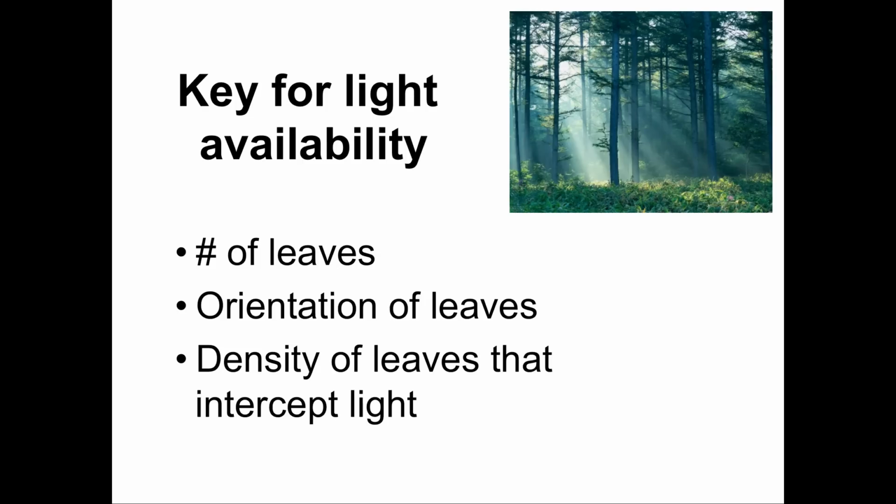This is thinking broadly about both the clumpiness of the leaves and the angles of the leaves. And finally, what's the density of the leaves? And that's related to not only where they are in the canopy, but your canopy and tree density as well. So what density of leaves do you have in your canopy to intercept light?